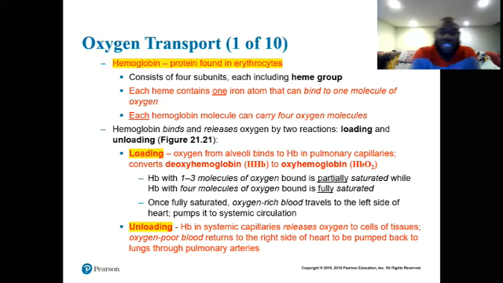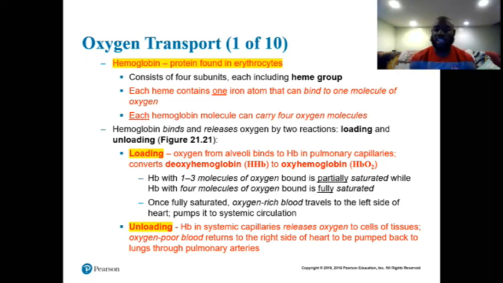Hemoglobin binds and releases oxygen by 2 reactions, right? We load and we unload, okay? So oxygen from the alveoli binds to the hemoglobin in pulmonary capillaries, and converts deoxyhemoglobin, which doesn't have oxygen, to oxyhemoglobin, right?